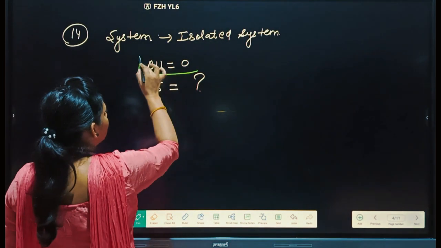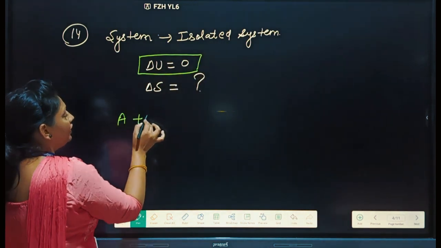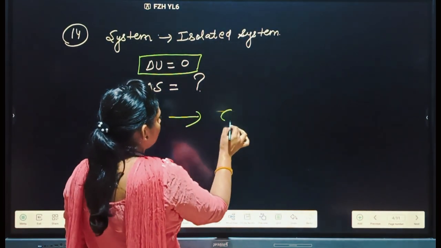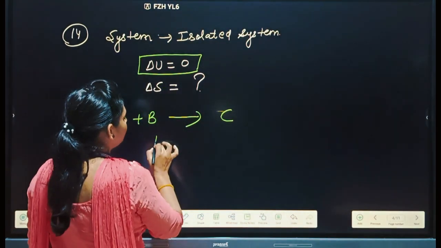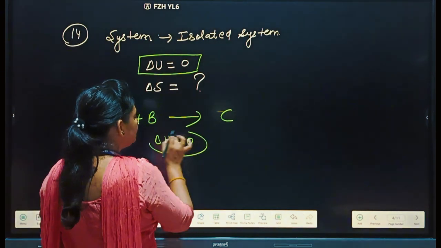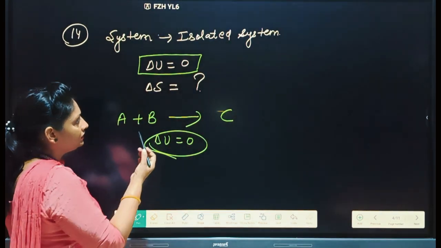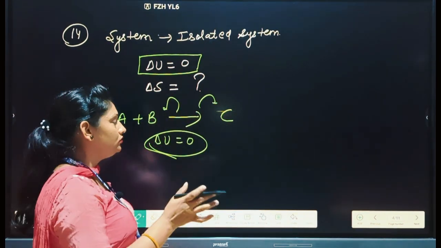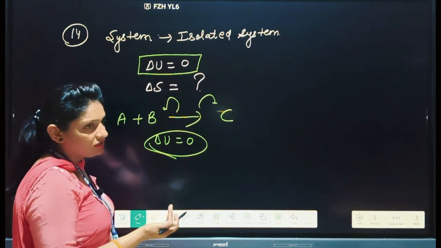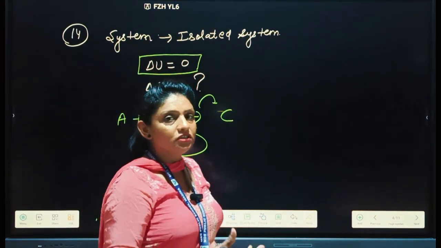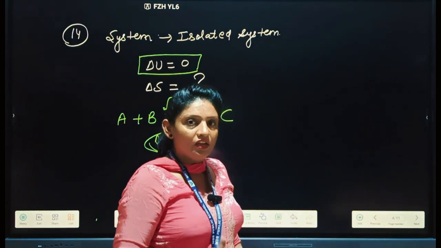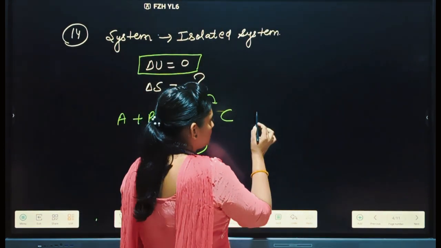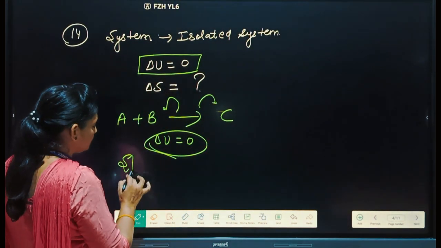Let us consider we have a reaction A plus B giving us C. Here, if the change is 0, it shows that neither heat is absorbed nor released. It means the reaction is proceeding by itself. Because it is proceeding by itself, it will be a spontaneous process.